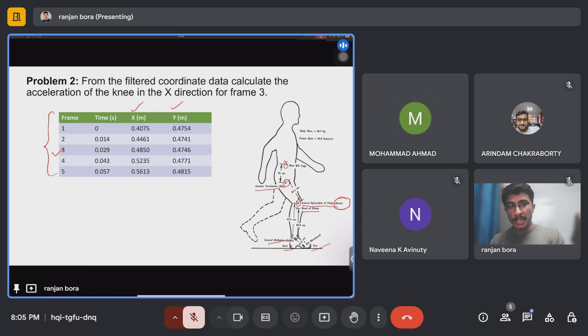First, we need to calculate the velocities. The acceleration for frame 3 will be the velocity for frame 4 minus the velocity for frame 2, divided by 2 delta t.